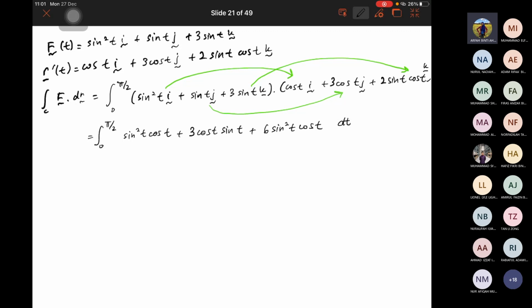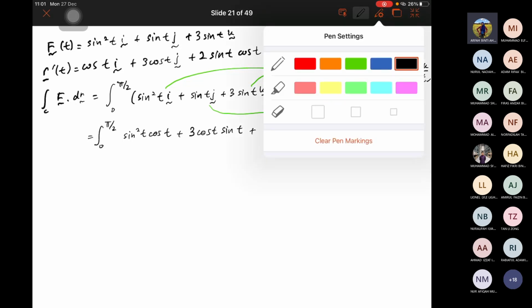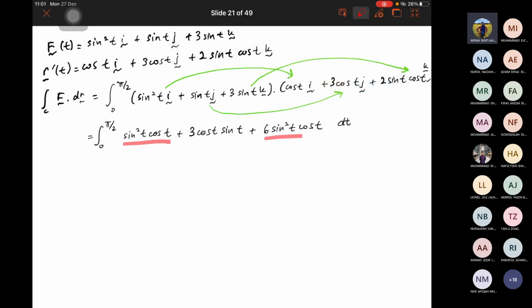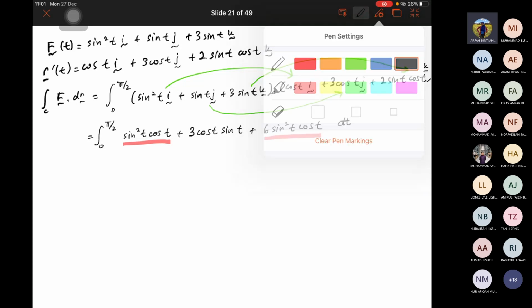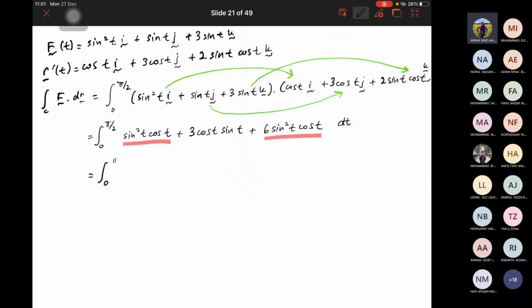Okay. So yang ini dua having the same term. Okay. It will become integration 0 to pi over 2, 7 sin squared t cos t plus 3 sin t cos t dt.